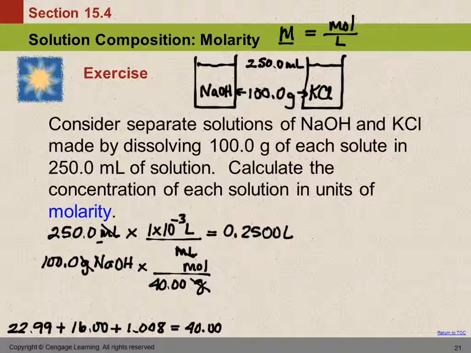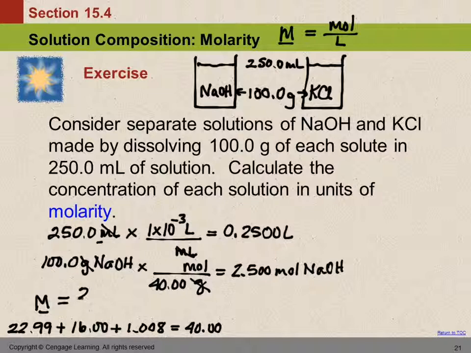So now we can take 100 grams and divide by 40 and find that this is equal to 2.5 moles of sodium hydroxide. So then the molarity of that solution equals the moles over the liters.